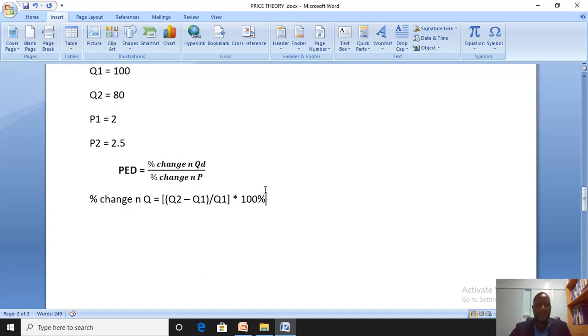That's how we calculate the percentage change in quantity. And the same formula is used for percentage change in price. That's price 2 minus price 1 divided by price 1 times 100%.